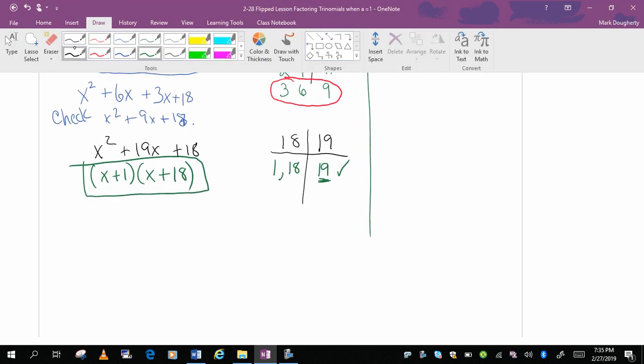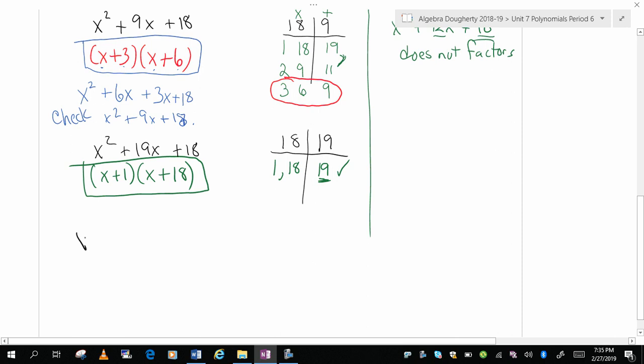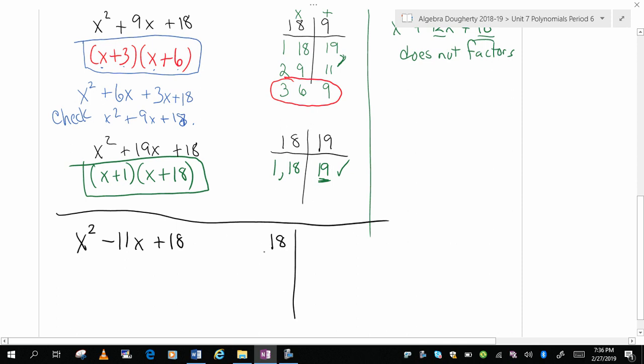Well, you may have noticed that these examples both had positive numbers. Is it possible to get numbers that multiply to be positive 18 but add up to a negative number, say negative 11?